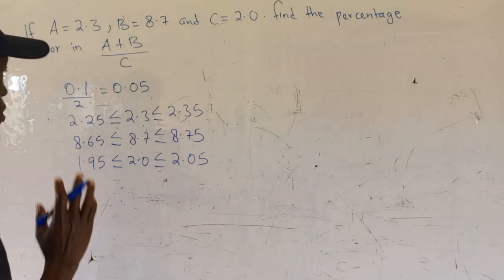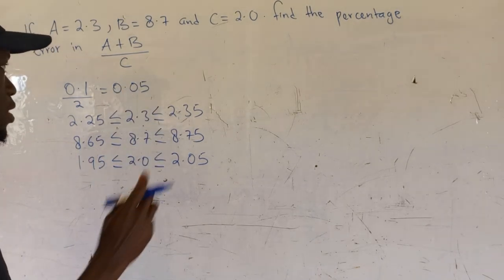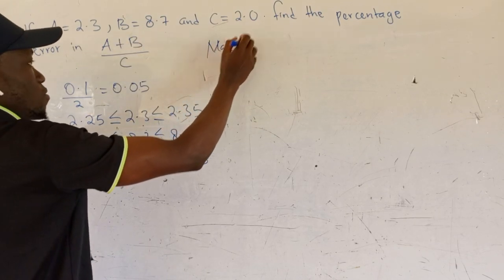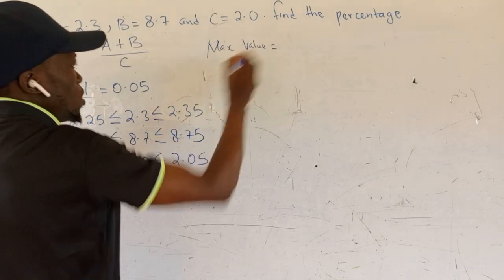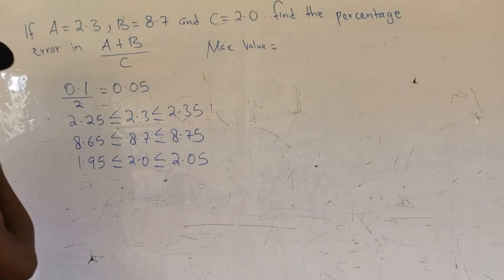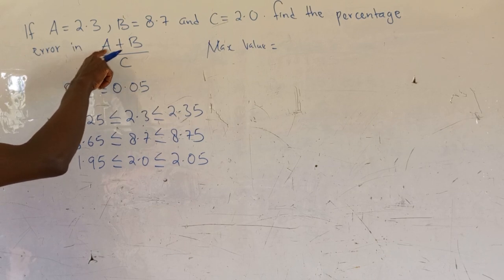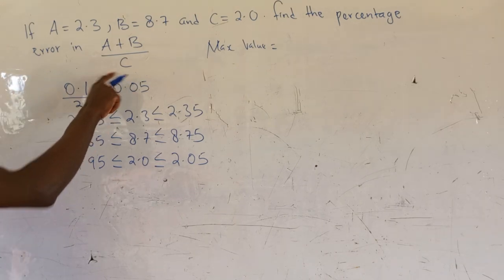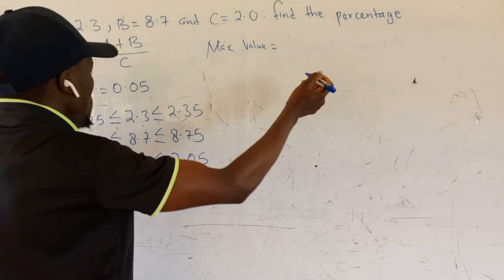After getting these limits now, we can get the maximum value of this one. So how do you get the maximum value? To get the maximum value of this one, we take the maximum value of A plus the maximum value of B. We divide by the minimum value of C so that we can get the maximum value. So what I'm saying is this.